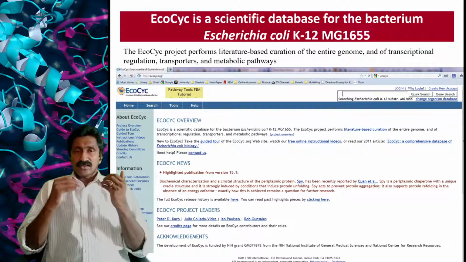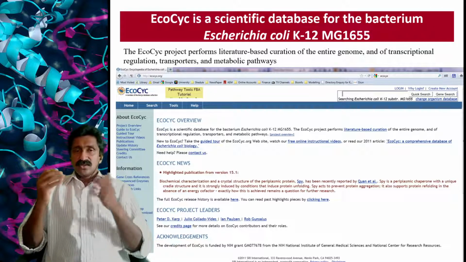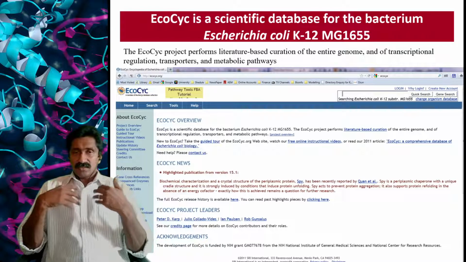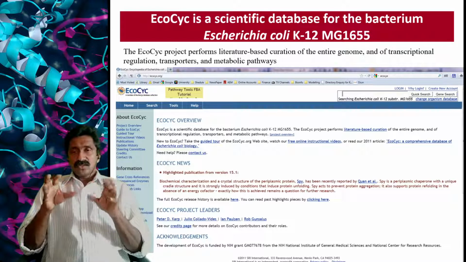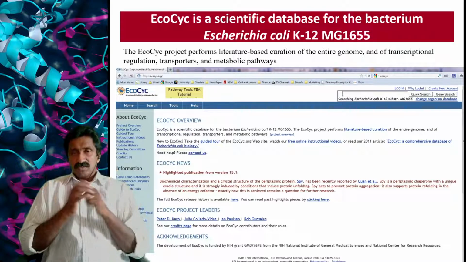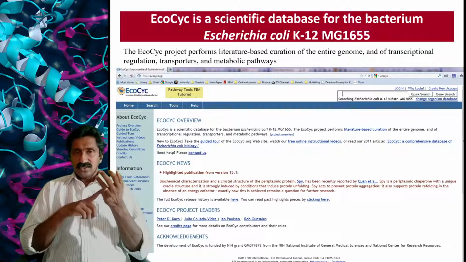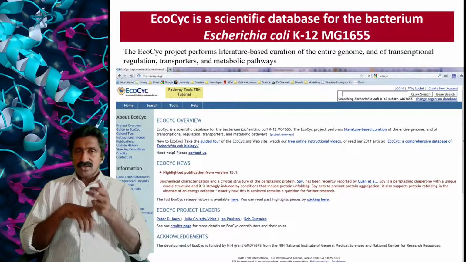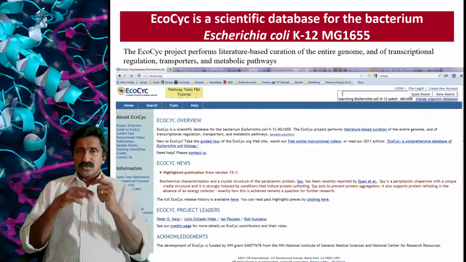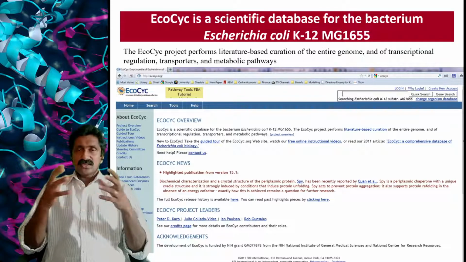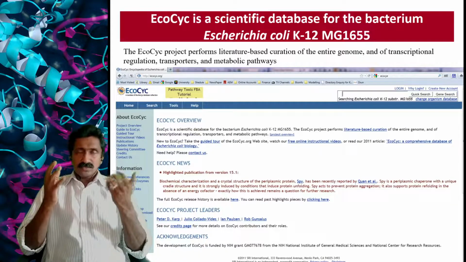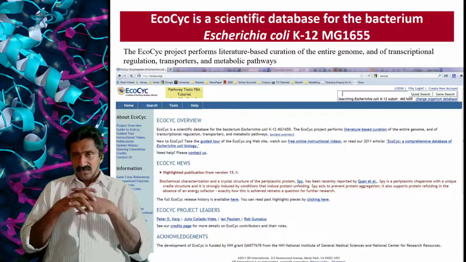entire genome and the transcriptional regulation, then transporters and metabolic pathways. So all these things related with this particular organism, any information that is genome related, transcription regulation, or transporters or metabolic pathways, any such information generated on this particular organism will be added in this database.